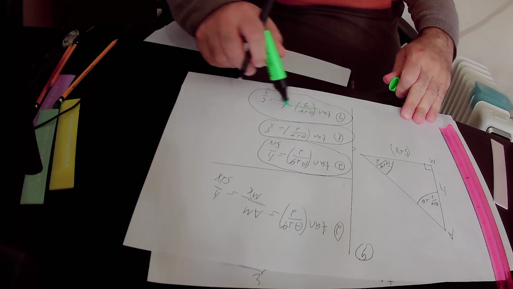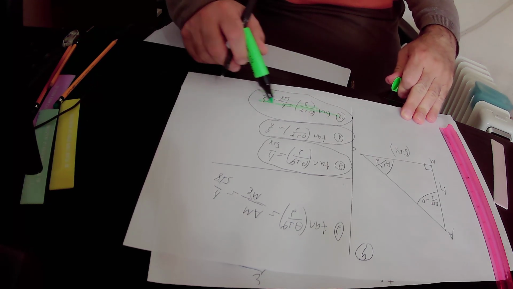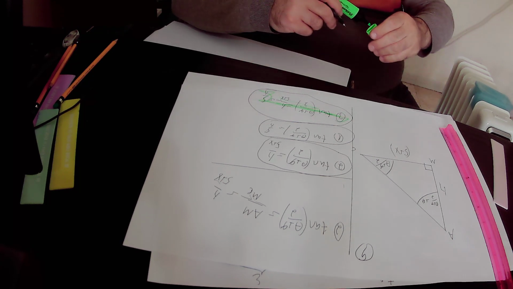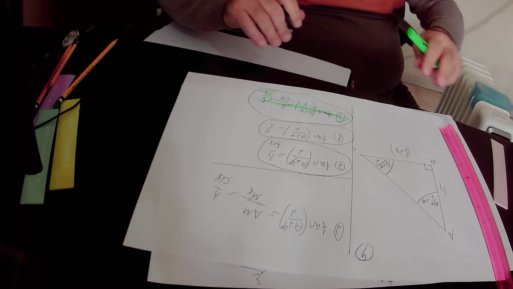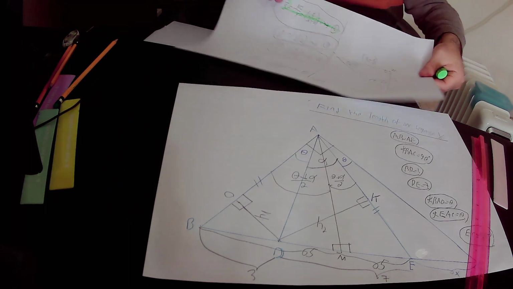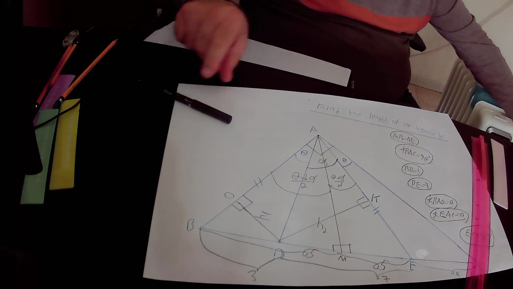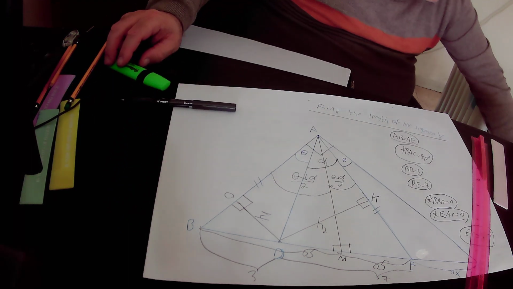So in the next step, we will find out the value of theta plus alpha over 2. So what is the value of theta plus alpha over 2?